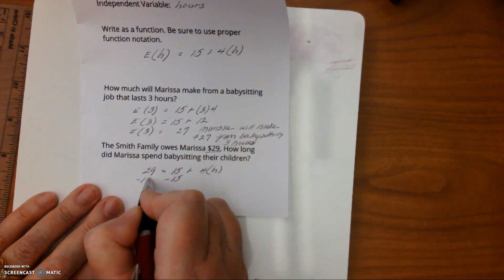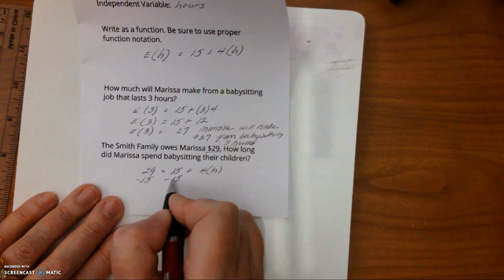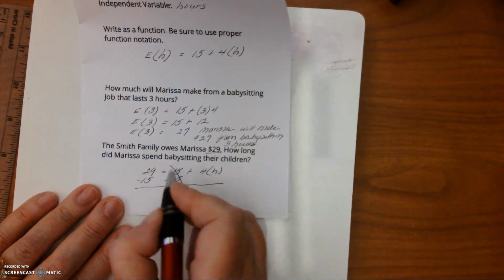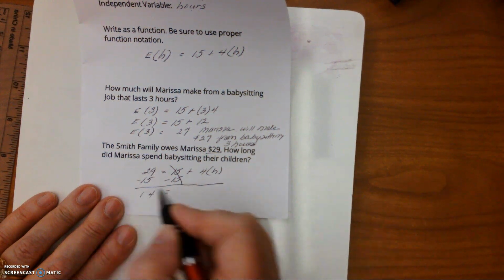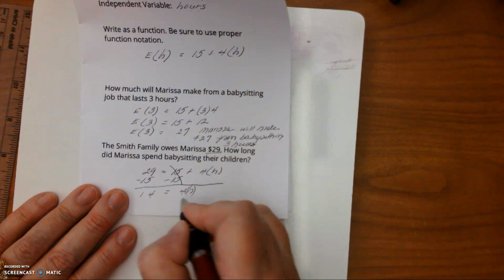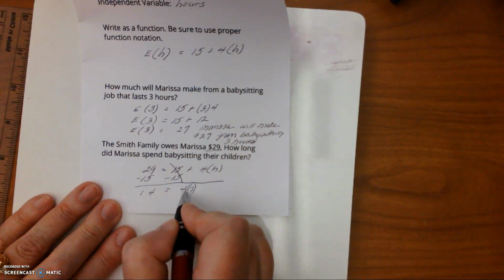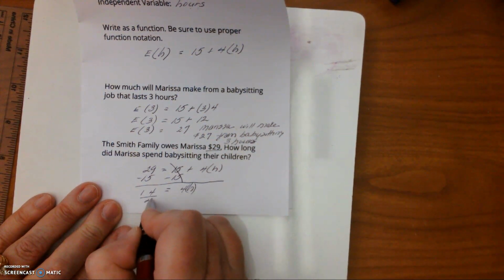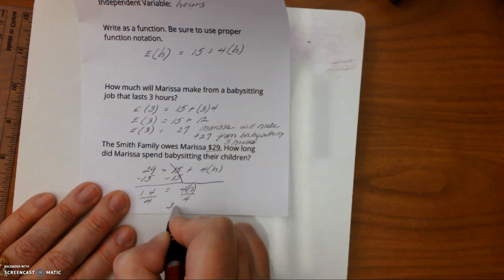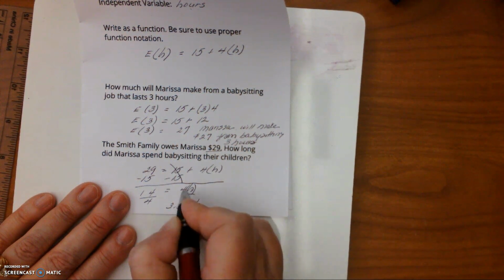That was positive, so the inverse of positive is negative. So we have these crossed out. So 14 equals 4h, right? So then this is multiplication, 4 times h. So we divide both sides by 4, and we get 3.5 equals h.